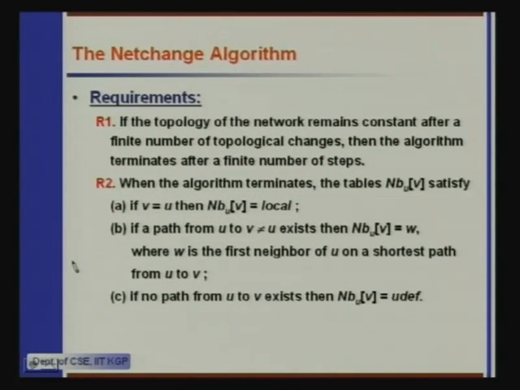There are some requirements for this algorithm to work. The first requirement is, if the topology of the network remains constant after a finite number of topological changes, then the algorithm terminates after a finite number of steps. So, essentially what this means is that this is an algorithm which deals with failures of channels from time to time.